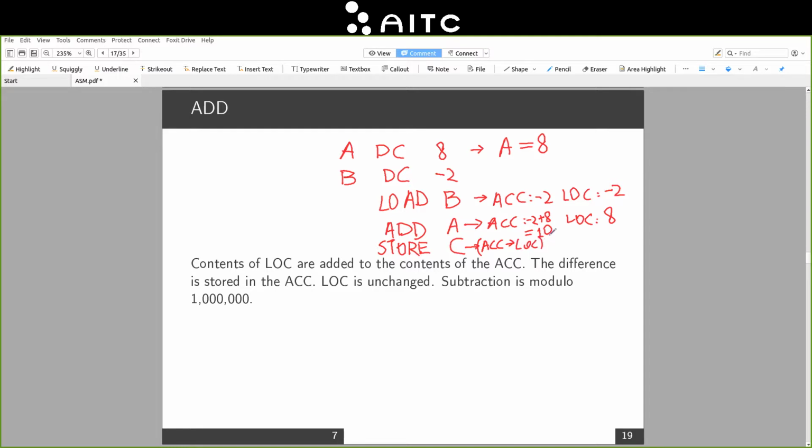So now ACC is 6 and LOC is also 6, and the variable C is 6. Sorry, in my perspective, the ACC and LOC can't give a definition to the number. Maybe you can explain it in Chinese.